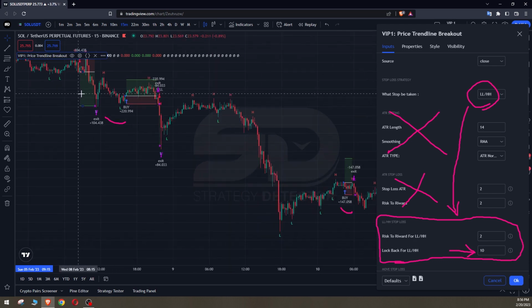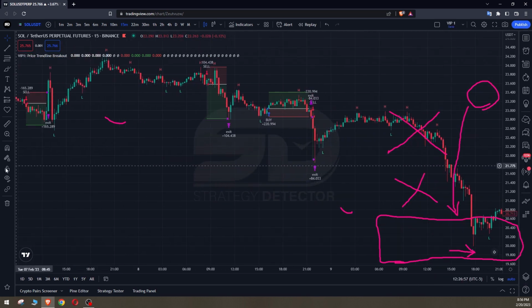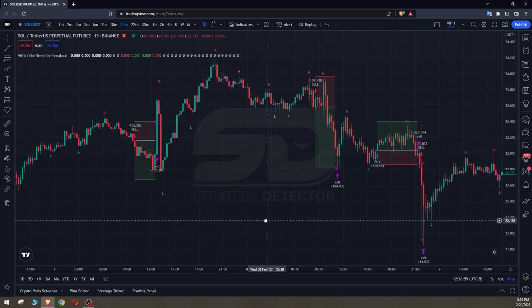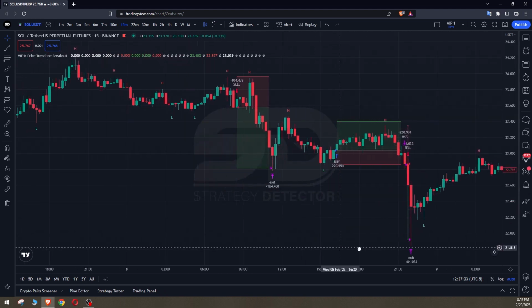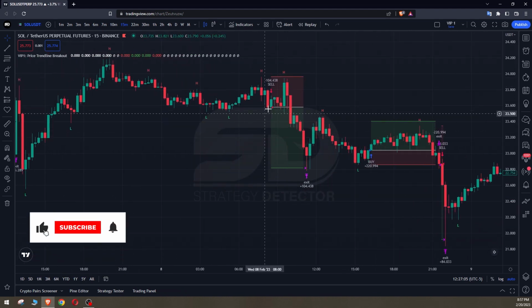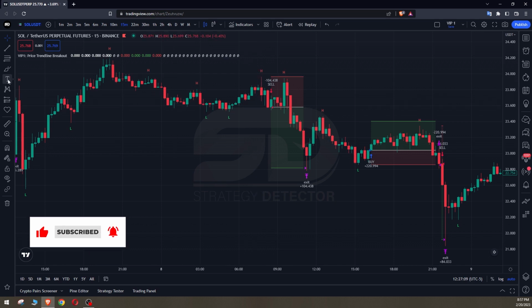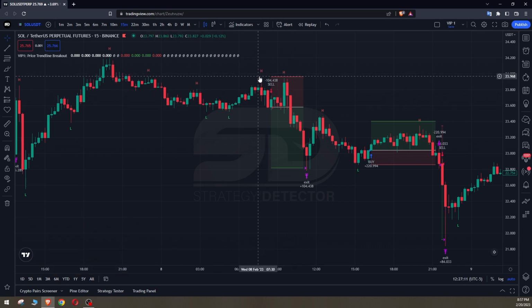In this part of the chart, you can easily see that the stop is placed on the last recent swing high. After you choose this number, you can also choose the risk to reward amount. It means whatever the amount of your stop is, consider 2 times more than that as your profit.